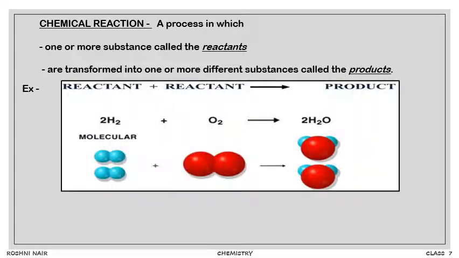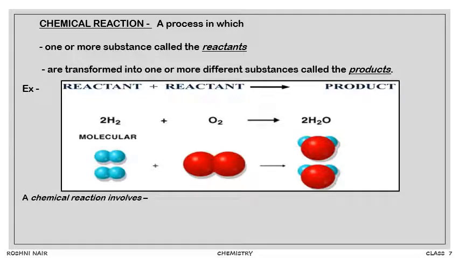And we understood this concept by understanding the example here. If two molecules of hydrogen react with two molecules of oxygen, both hydrogen and oxygen will be reactants and the result formed will be H2O or water molecule. That will be the product. So reactants are hydrogen and oxygen. Product is H2O or water.